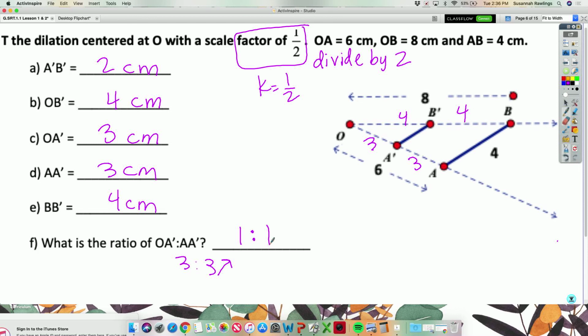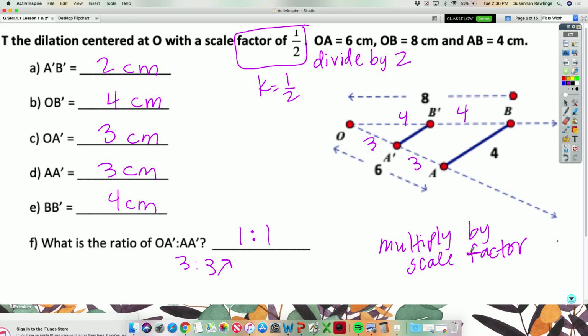This is really confusing. What I want you to take away from this page is that we always multiply by the scale factor. Okay, when we multiply by 1/2, we are really just dividing by 2, but you always multiply by the scale factor.